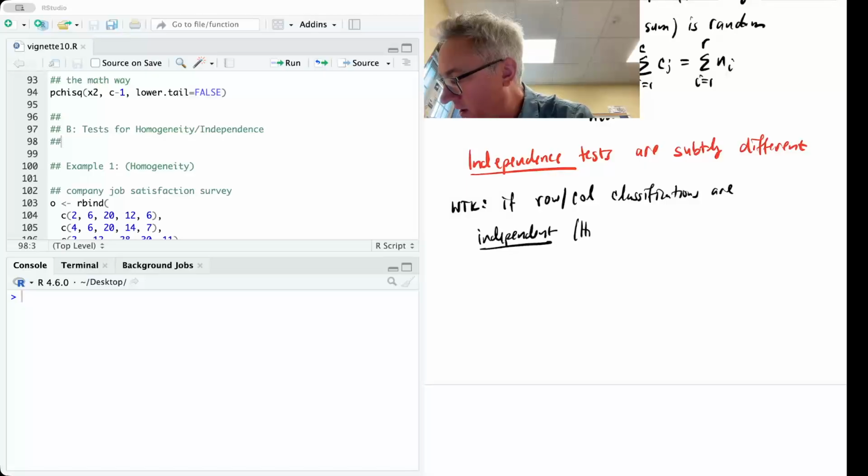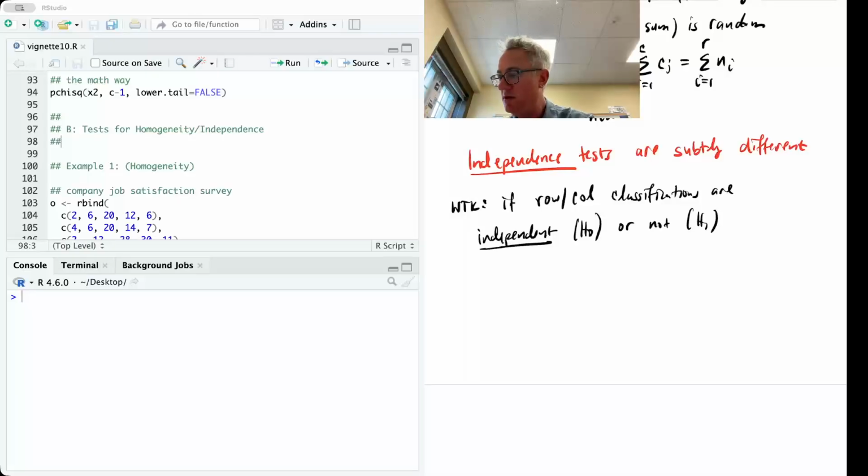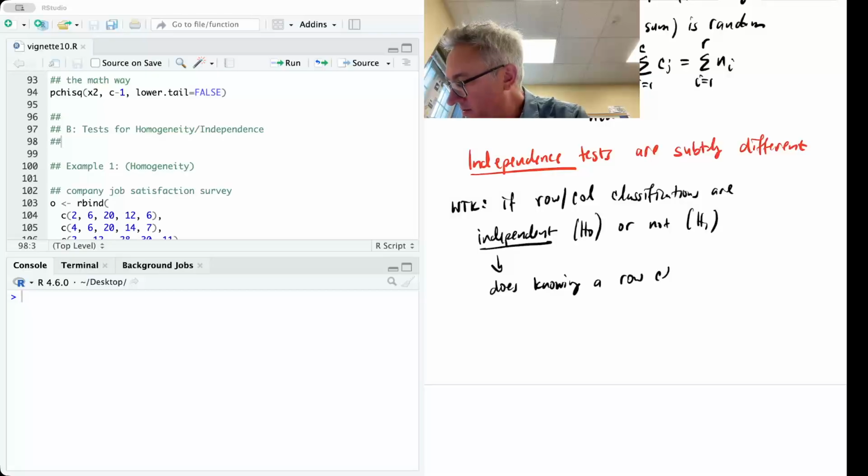So that's the null hypothesis, that they're independent, or not, and that's the alternative hypothesis. What does independent mean in this context? It means, does knowing a row class determine or help you determine, probabilistically speaking, the column class, or vice versa?